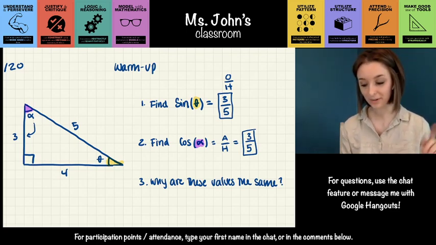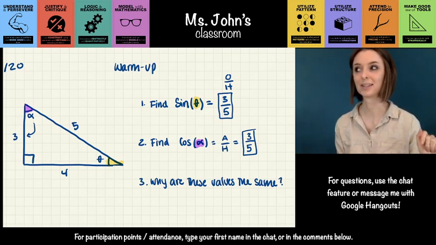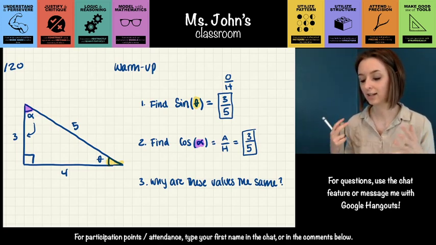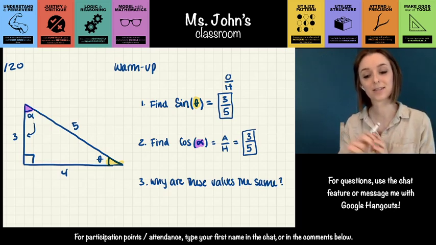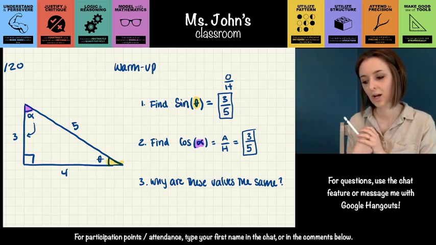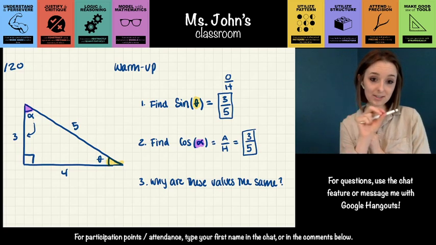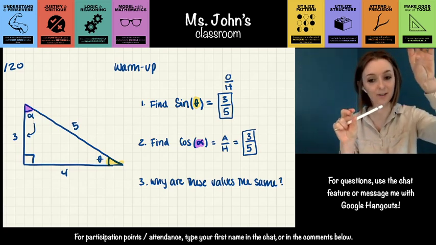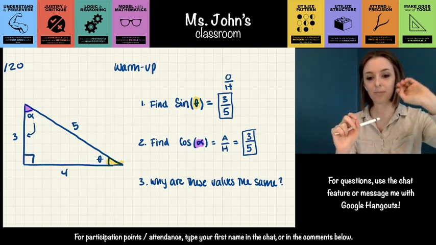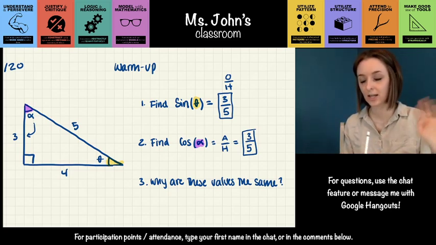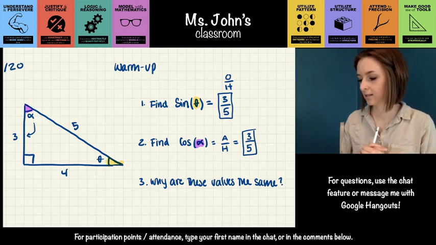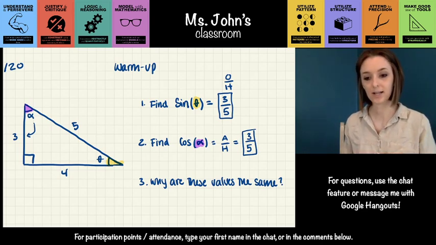Essentially, and we'll talk about this in a little bit in the lesson, when you have a triangle like this, the adjacent to one of the reference angles is the same thing as the opposite to the other reference angle. So when you take sine of this angle and cosine of this angle, they end up being the same value, just because that opposite and adjacent switch that happens. And we're going to use that today in one of our identities.